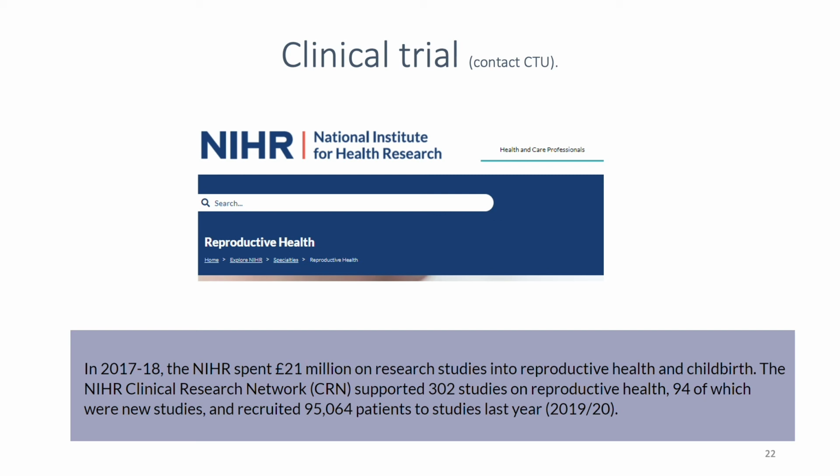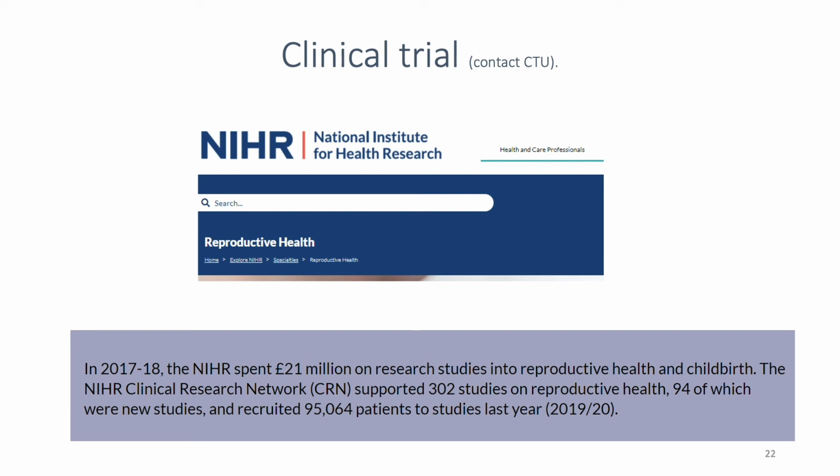And what you see actually from clinical trials in ART is they're actually pretty rare. So if you look, for example, at the National Institute for Health Research in the UK, the reproductive health aspect of that organization, you'll see that they spent in 2017 to 18 $21 million on research studies into reproductive health.